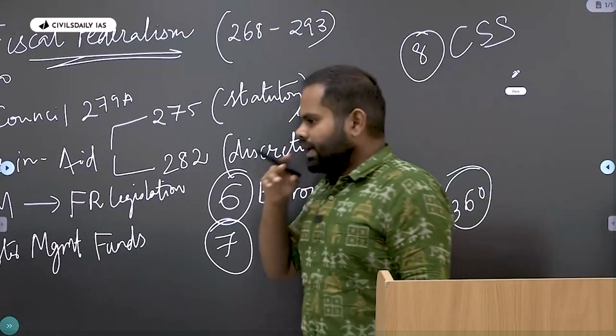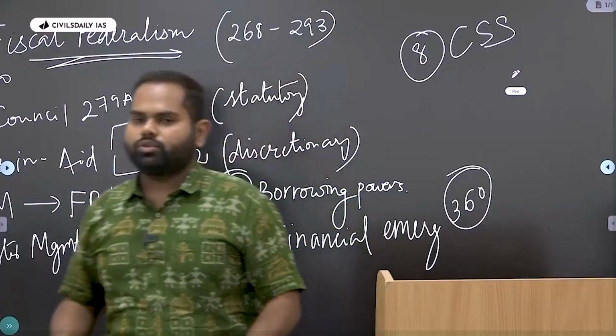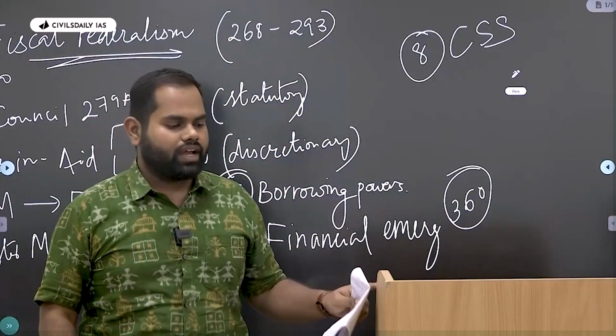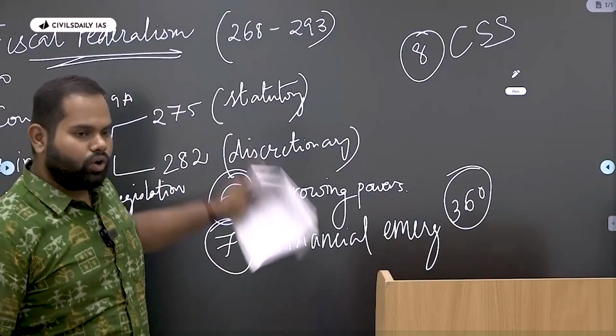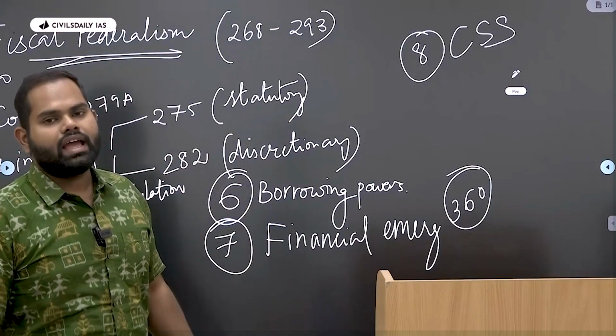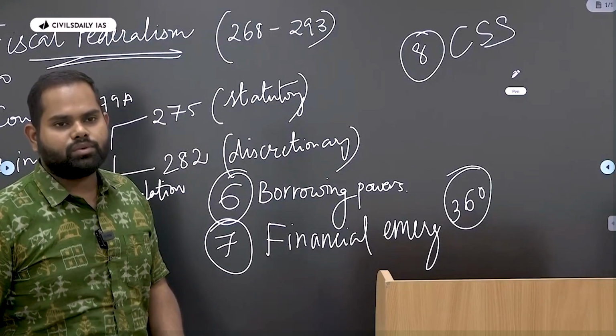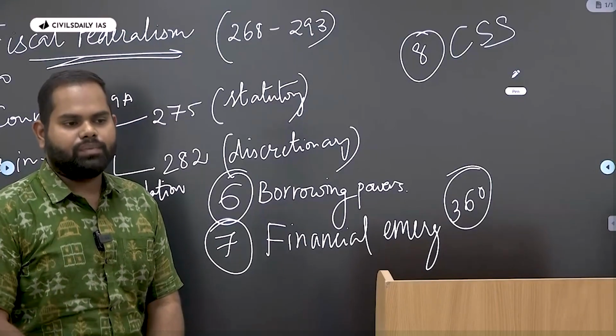Frankly speaking, if you see a lot of answer copies, people do not cover all 8 points. They know all of these, but it just does not happen in the course of action because you do not have them at one place.